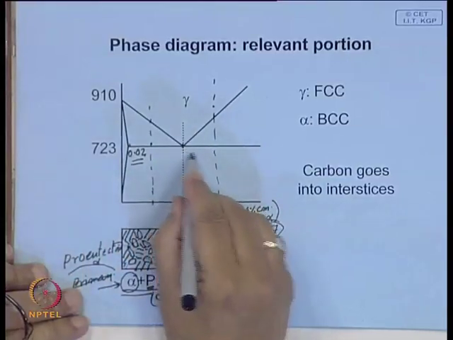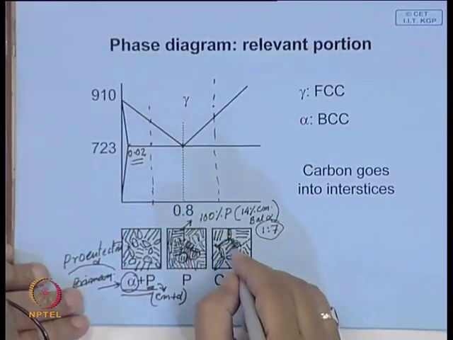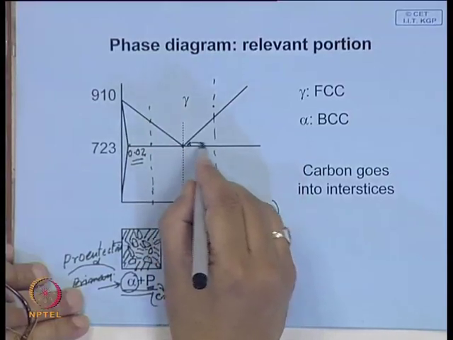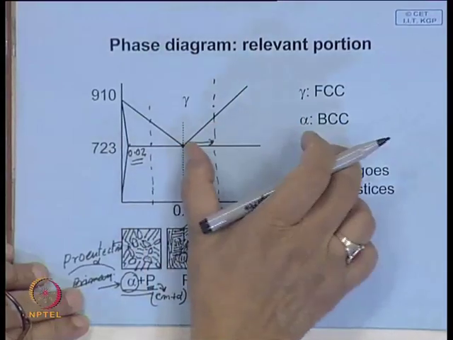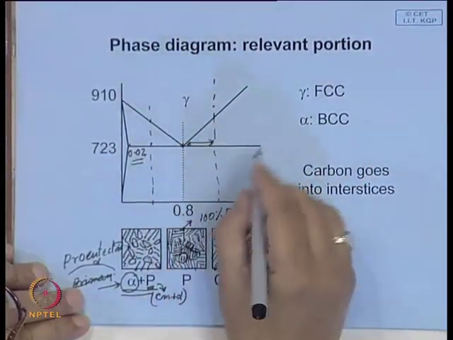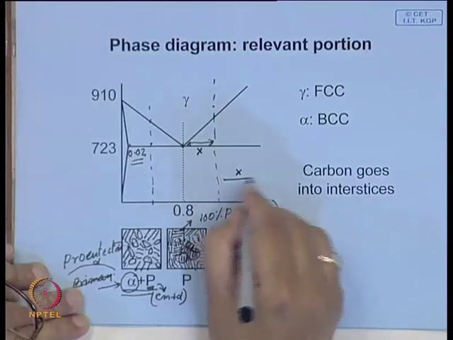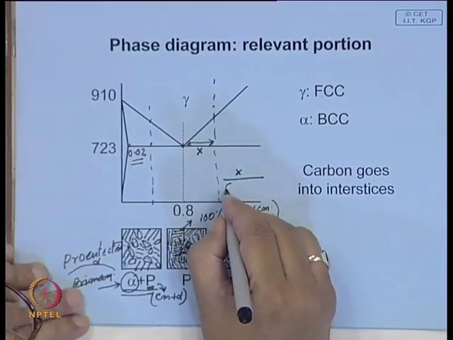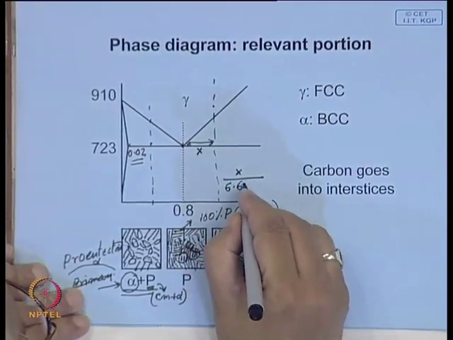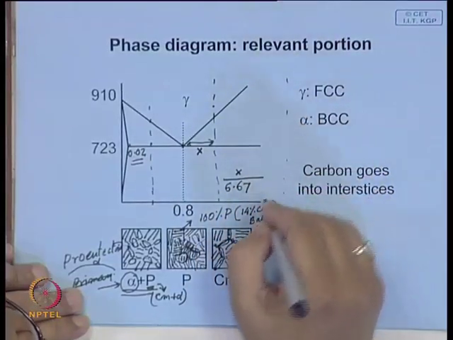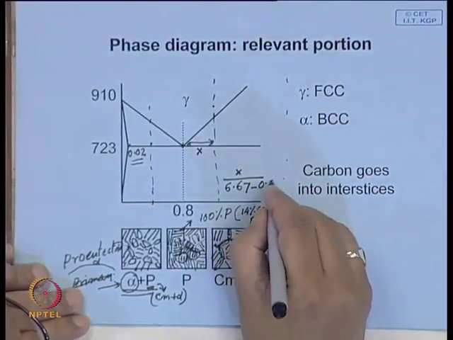But in this case, the amount of proeutectoid cementite will be proportional to this portion over that entire portion, and this will depend on 6.67, which is the amount of carbon in cementite, minus 0.8.